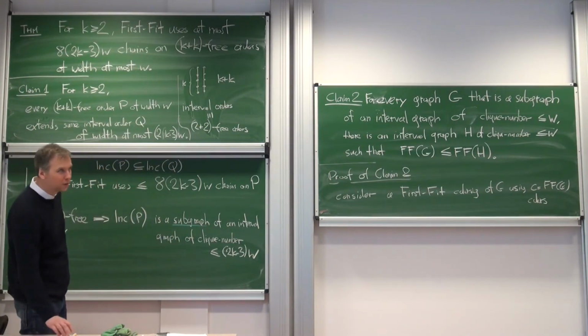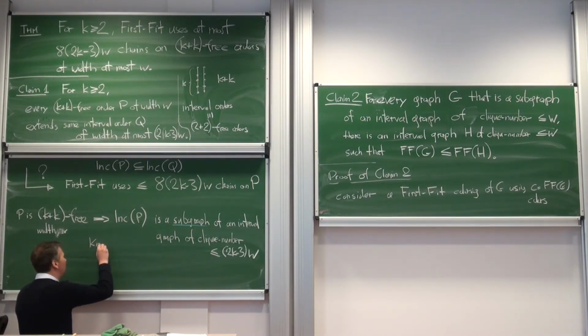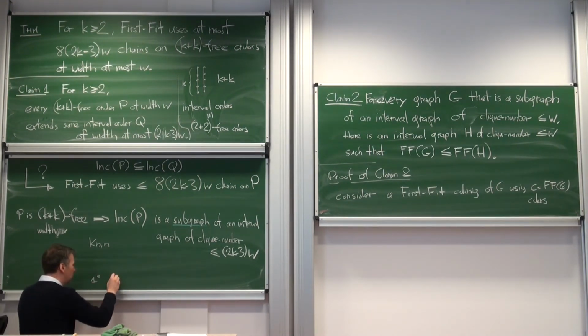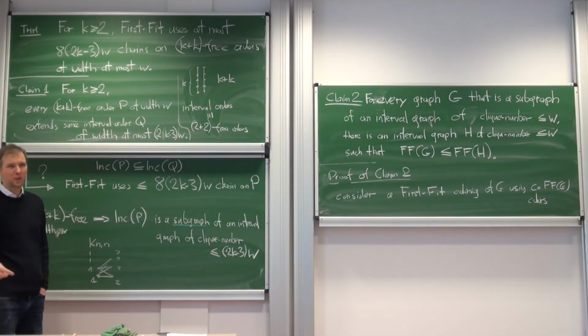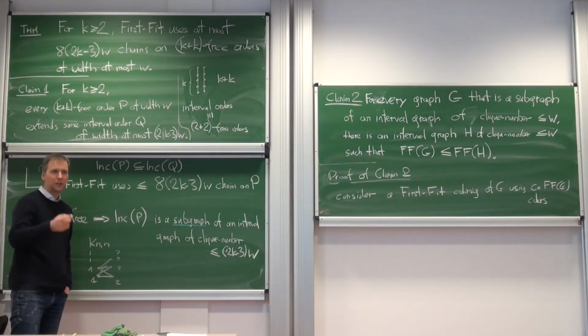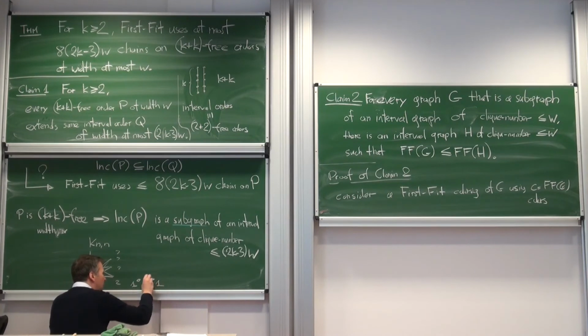Subgraph. So think about first fit for a moment. How does first fit behave on the complete bipartite graph? So color 1, and then if you present something on the other side, color 2, right? On this side, color 1, on the other side, color 2. So it uses all the time 1 here and all the time 2 here. 2 colors on a complete bipartite graph. Look at the subgraph of it: complete bipartite graph without the matching. I already presented you that example last time. You start with color 1. Here, this time it's color 1, because there is no edge.